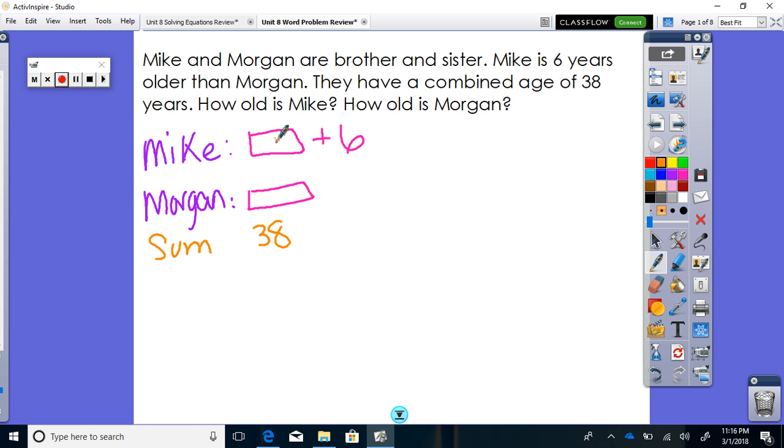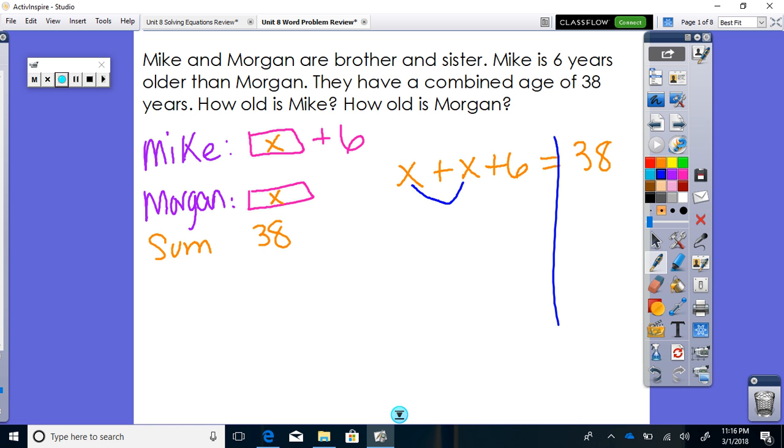So if I assign a variable to these, we get an x and an x here. I have my equation as Morgan's age plus Mike's age, so x plus x plus 6, and then together their total age equals 38. Then from there, I've set up an equation that I can solve.